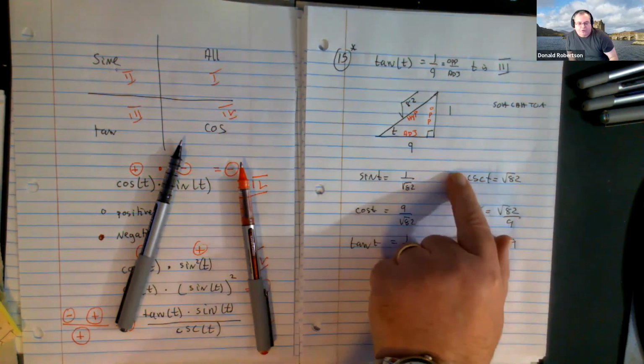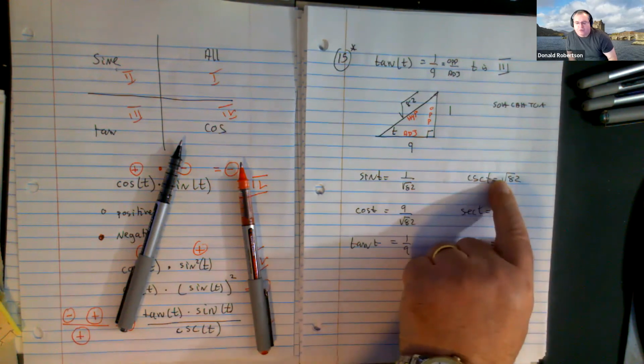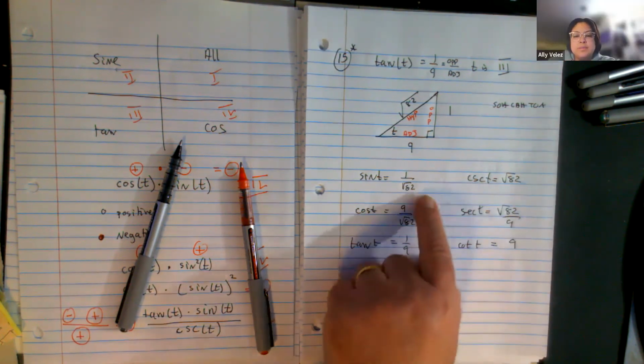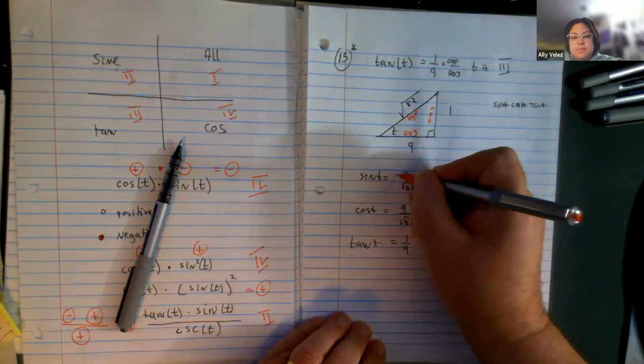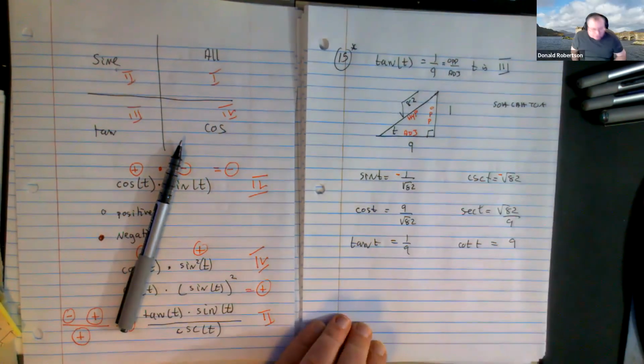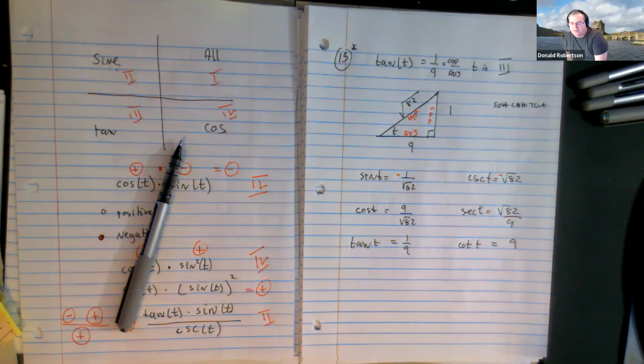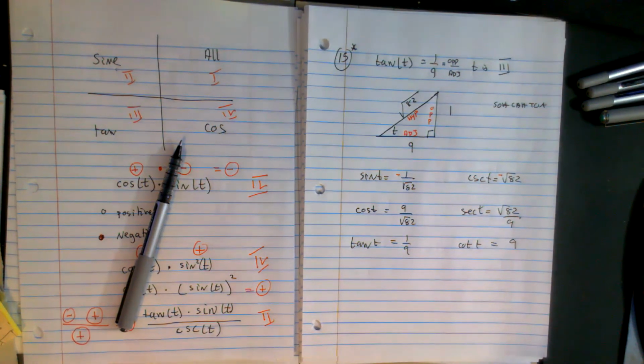In the 3rd quadrant, what is the sine, and obviously the cosecant? Positive or negative? Negative. Is there anybody else who's also going to be negative in this story? The cosine and secant.